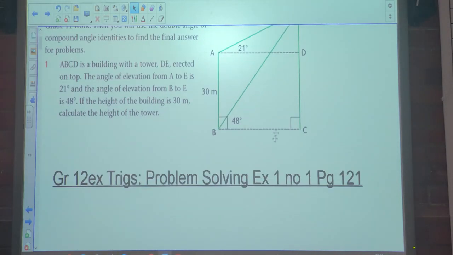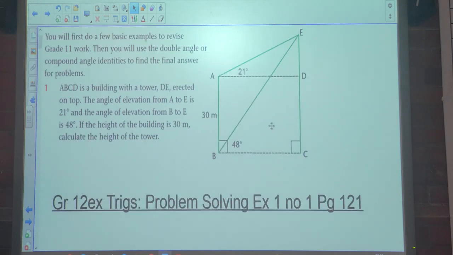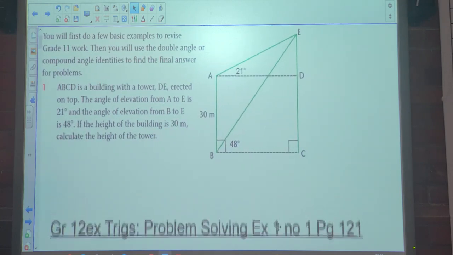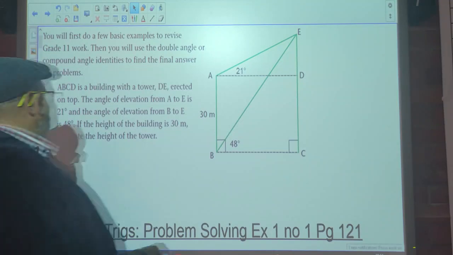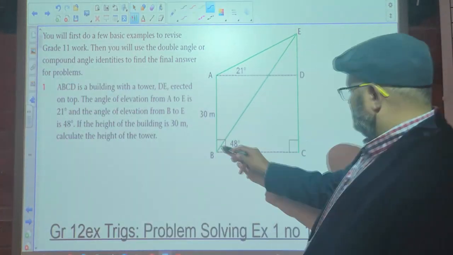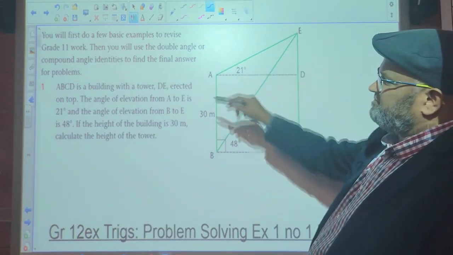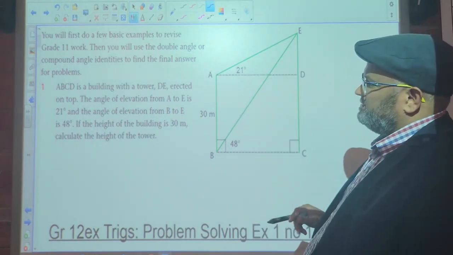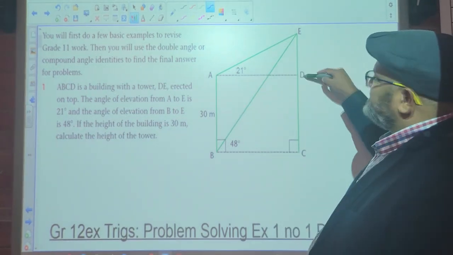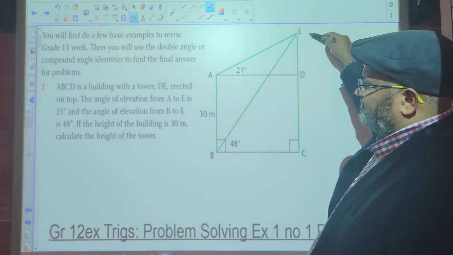So here we are told that ABCD is a building with tower DE erected on top.